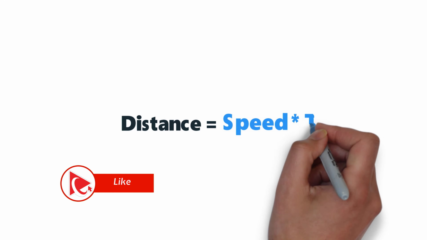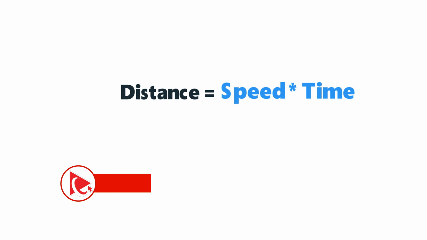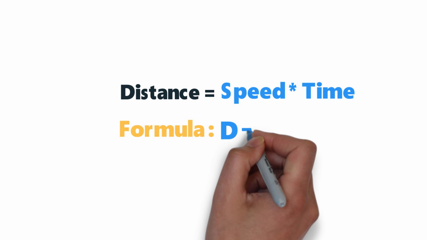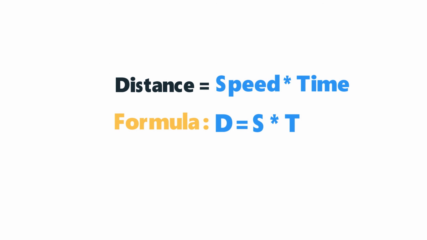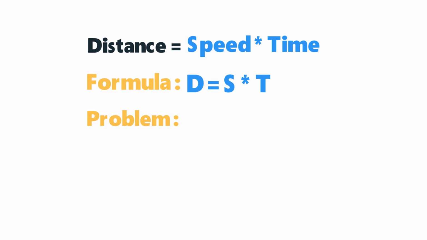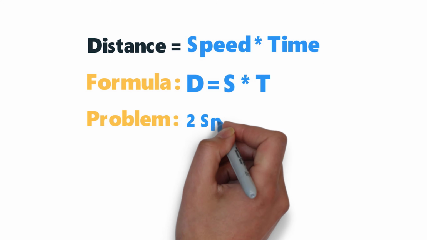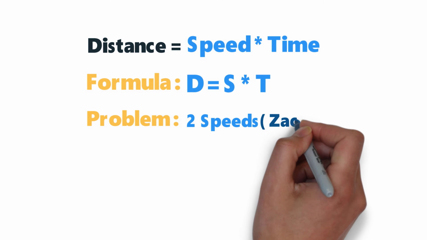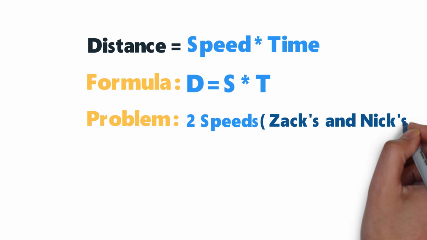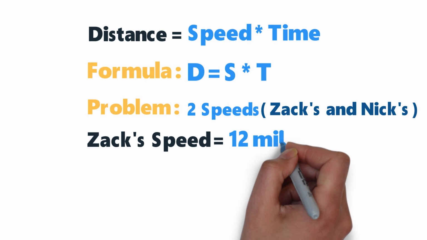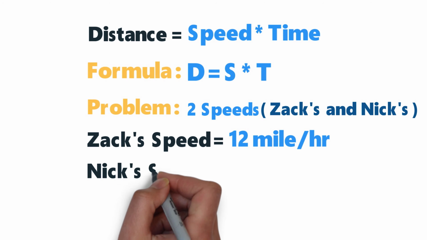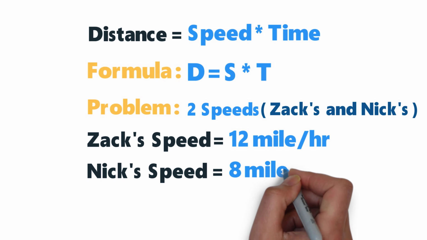As you might be well aware, distance is calculated as multiplication of speed and time. So we will create a formula d equals s multiplied by t. What's interesting about this particular problem is that it's a little trickier because we got 2 speeds. One is Zach's speed and the second one is Nick's speed. So Zach is moving at the speed of 12 miles per hour and Nick is moving at the speed of 8 miles per hour.